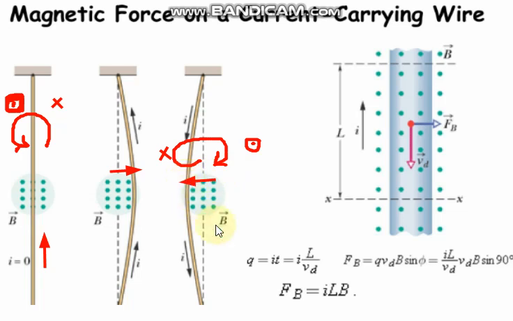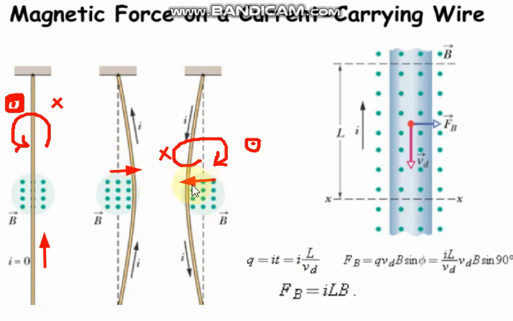Now here you can see that in both cases the value of the external magnetic field B is the same. The magnitude of the current I is also the same, and the length of the wire is also the same, but the direction of the force in the two cases is opposite.